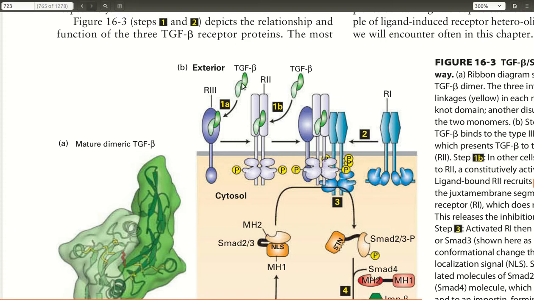Now, the way that this signaling compound works is by binding to receptors in the cell membrane. So if it binds to this complex called receptor 3, receptor 3 will then present the TGF-β to receptor 2.